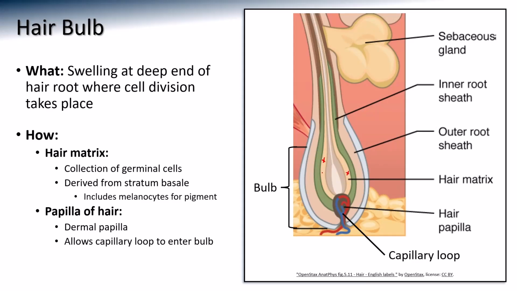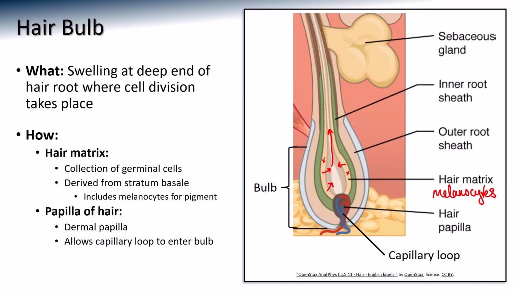And that is going to have its cells dividing and pushing outward and upward into the shaft of the hair. The matrix itself, so again this yellow layer, is where melanocytes sit in the hair follicle. So melanocytes are going to push pigment into the hair shaft at this place.